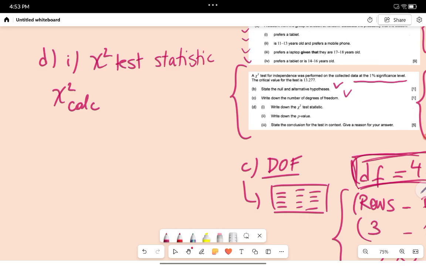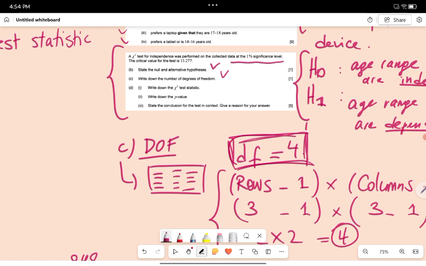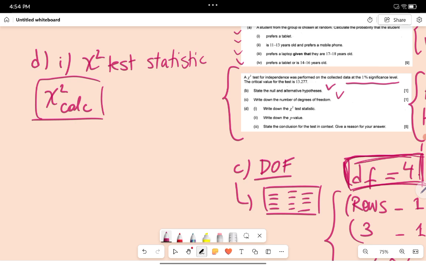The chi-squared test statistic is given in your calculator if you follow the steps that we've done in class. In that same window as you found this, you will find the chi-squared test statistic.